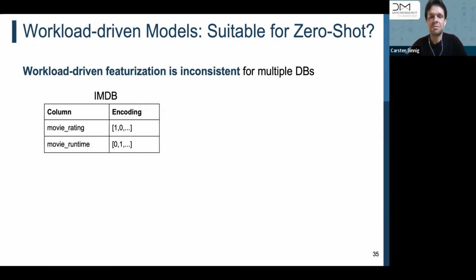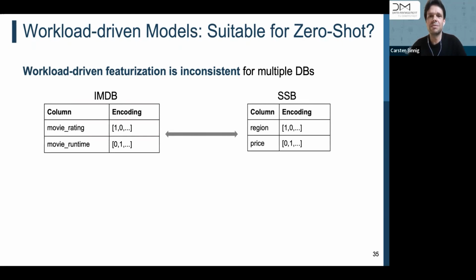You can do this for a database, and this is the standard encoding that people are using. But think about the question now: what happens if I use the same encoding for a different database? So, for example, take SSB. You would do the same thing again, representing your attributes by a vector and just flagging which one is used in a query.